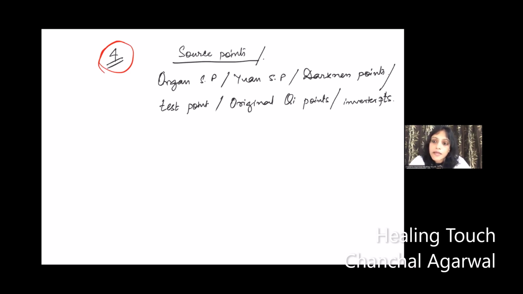If you want to treat the lungs because you feel that the lung is the organ that needs treatment, you apply on the organ source point of lung. So that will treat not only the organ, but also its energy pathway. Energy pathway means lung energy pathway, that is lung meridian. So these points are very, very strong energy points.